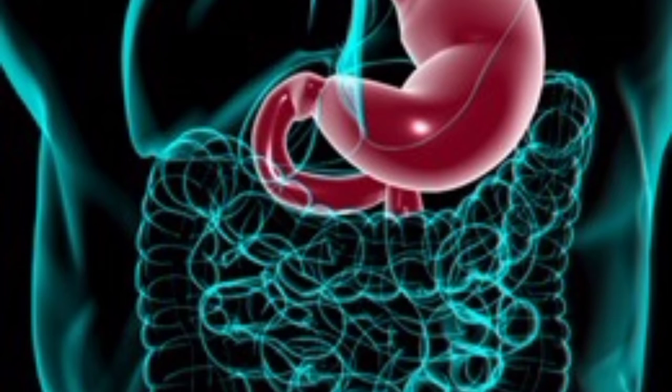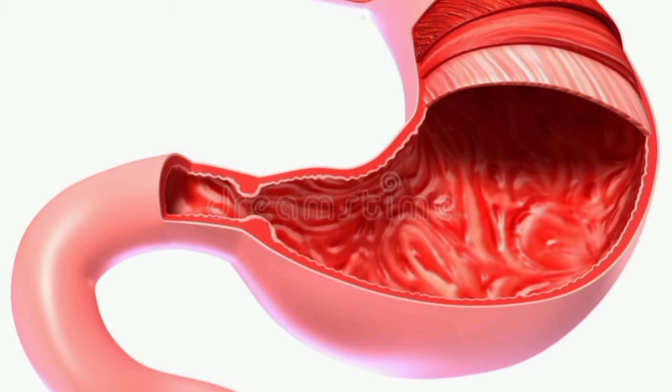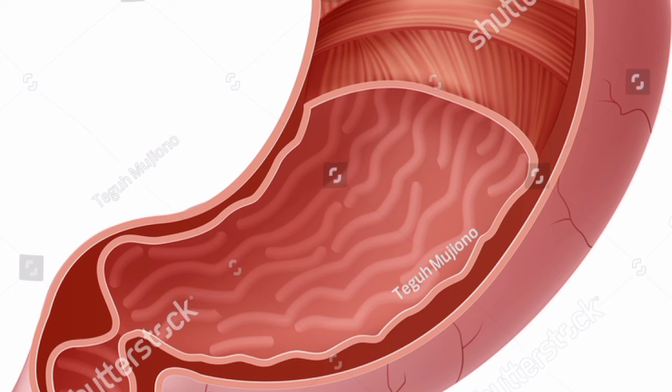And the fifth artery is the short gastric arteries, containing 4 to 5 branches from the splenic artery, which supply blood to the fundus of the stomach. And the posterior gastric artery, a branch of the splenic artery, supplies blood to the body and the pyloric part of the stomach on the posterior inferior surface.